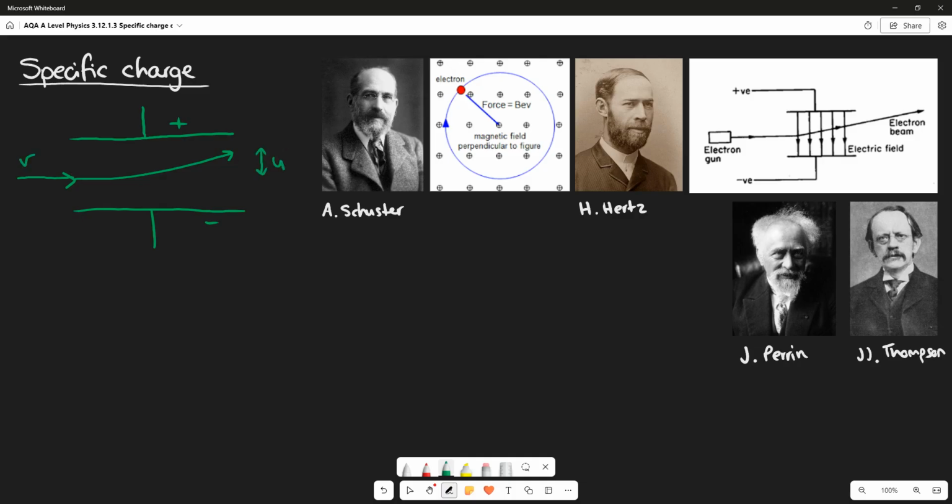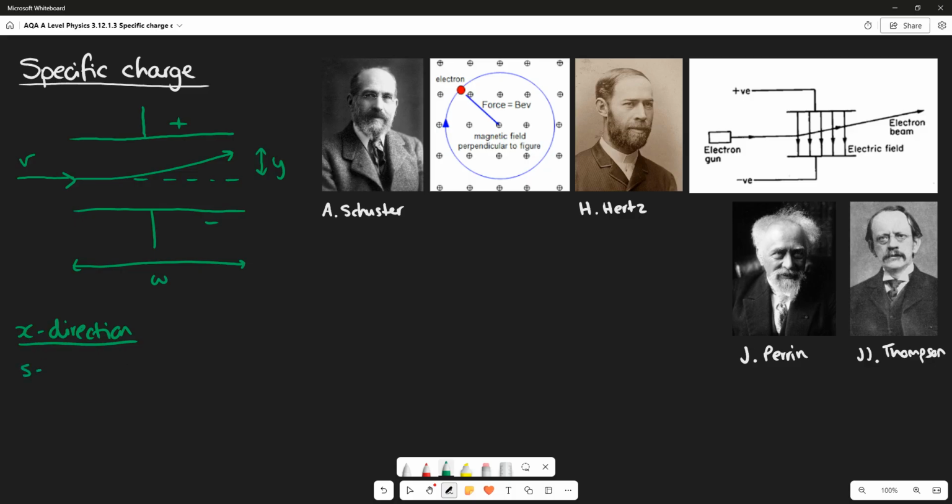They could measure the deflection of the cathode ray path, and they knew how wide the electric field was. So they could calculate, using some of this information, the time that it took the electrons to travel through that space. So here's the information they had in the x direction that allowed them to get that data.